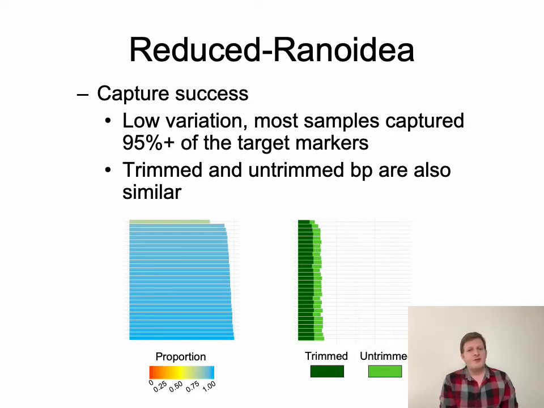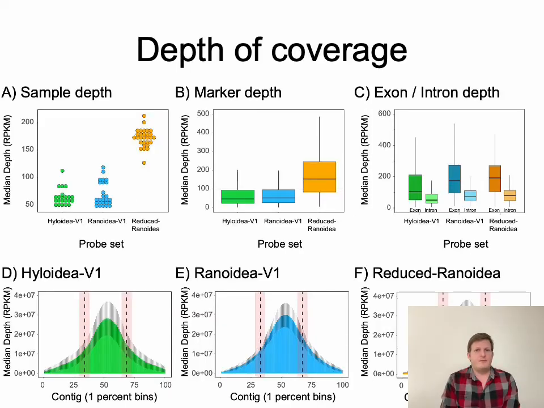And this also carries over to the alignments shown on the right in green, where the trimmed and untrimmed alignments had a similar amount of base pairs. So this suggests that the plan was successful, where choosing the markers that work really well in a group ends up with a very high capture success.